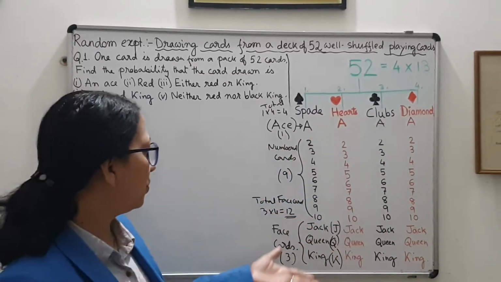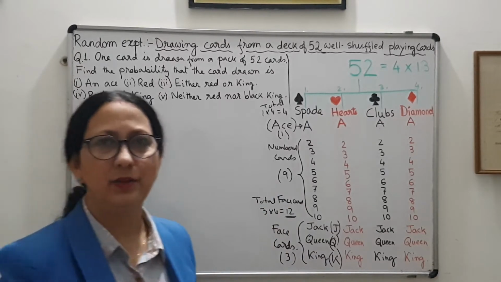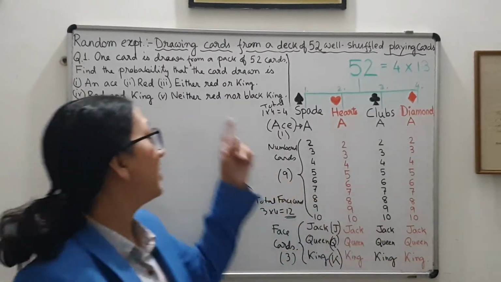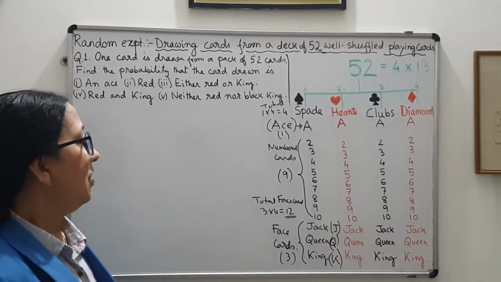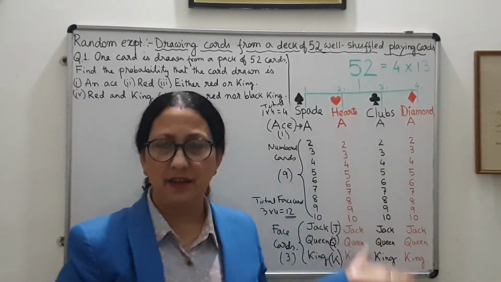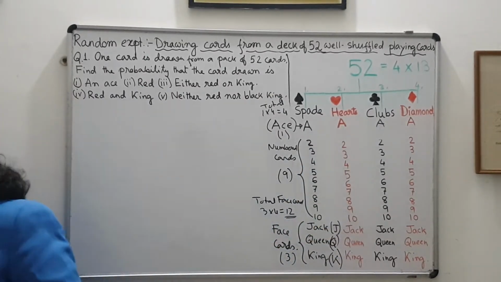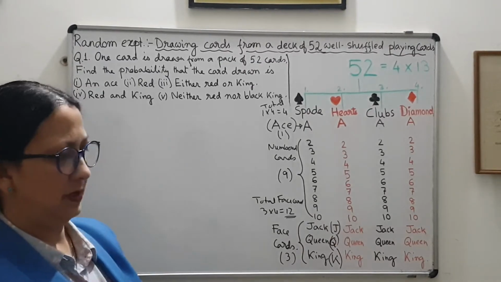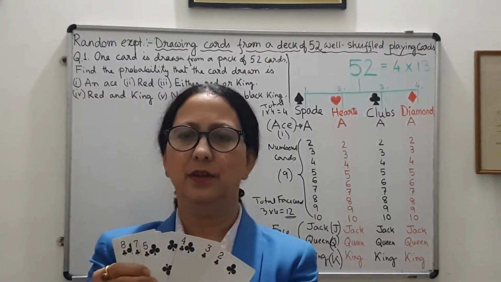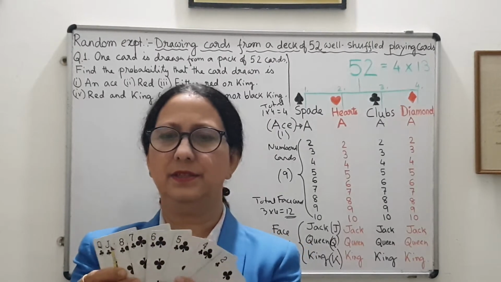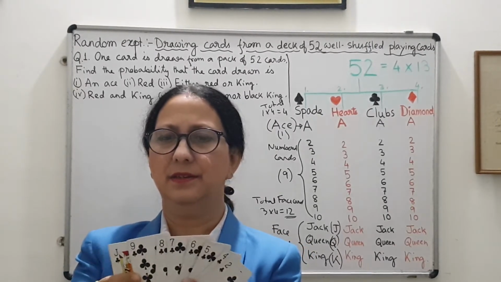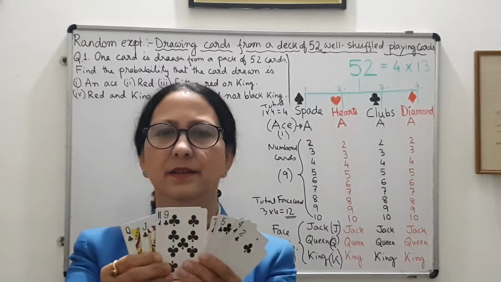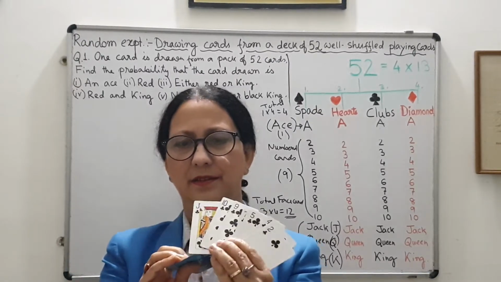Then only you will be able to solve probability questions of this type when the random experiment is like this. So I think this is clear to you. Or I can show you again that these are numbered cards: 2, 3, 4, 5, 6, 7, 8, 9, 10.